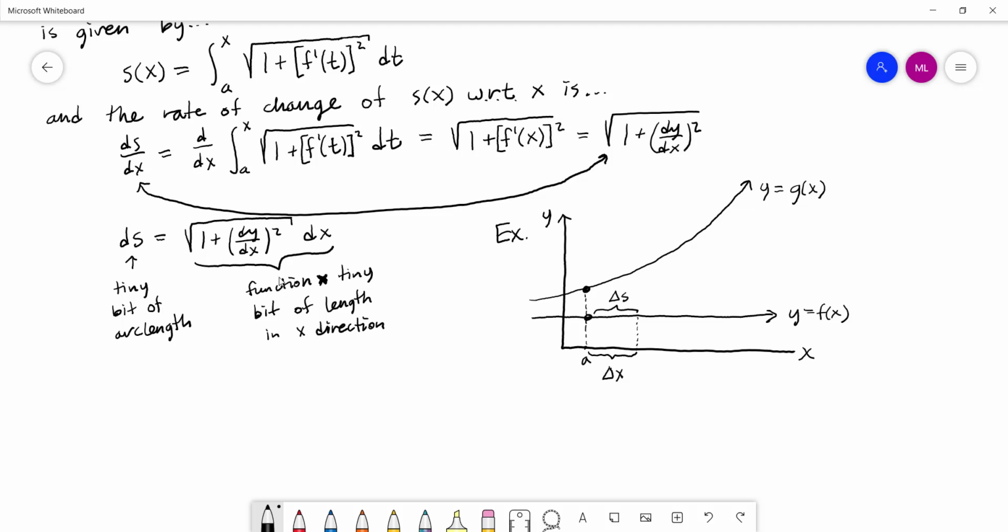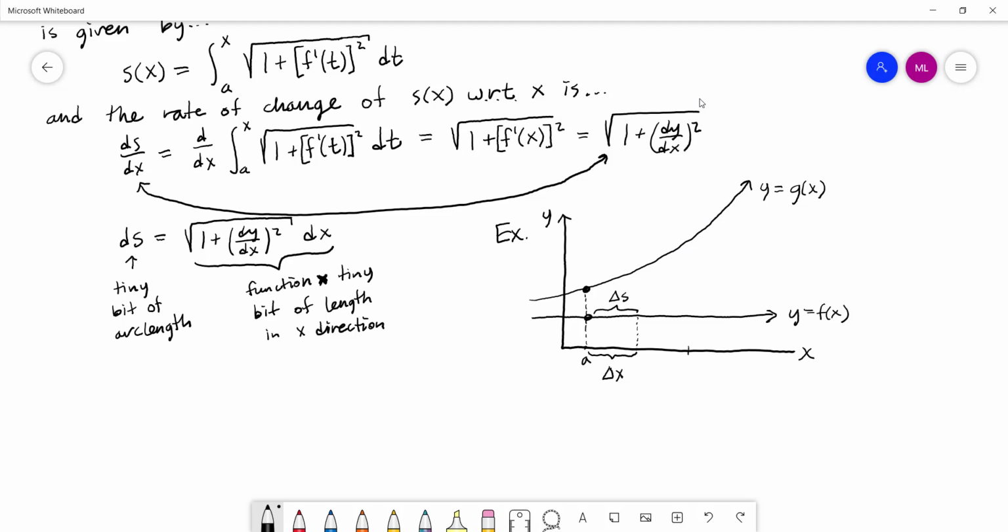This function that relates a change in x to a change in s is, in this case, a factor of 1. And that happens whenever our curve is horizontal, whenever it's moving in the same direction as x. But what happens as a curve starts to get steeper and steeper? What if I compared over here?